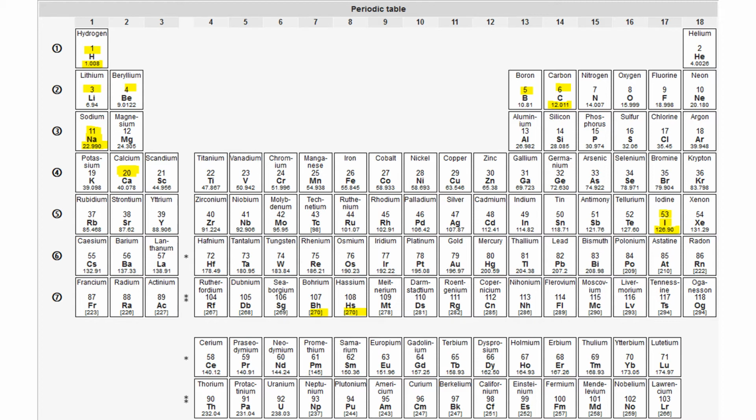And so if the atomic number changes, then your element changes. If my atomic number is 3, it's lithium. If the atomic number changes and becomes 4, then it's not lithium anymore, it's beryllium. If it's 2, it's helium. And so the atomic number is really what determines which element we are talking about.